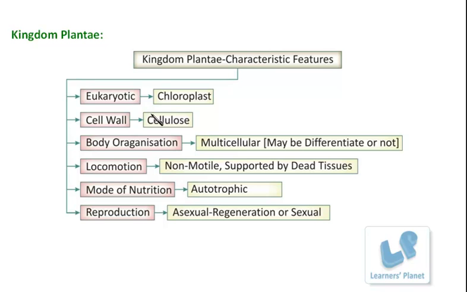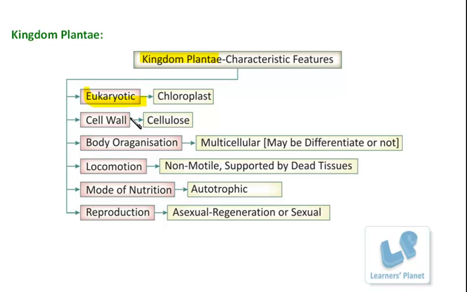So here is the chart showing the characteristic features of the organisms which belong to kingdom Plantae. The very first point is that these organisms are eukaryotic. They are made up of eukaryotic cells.